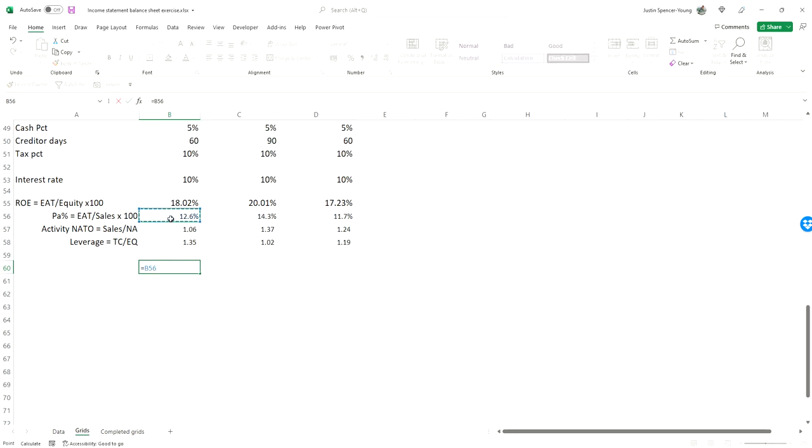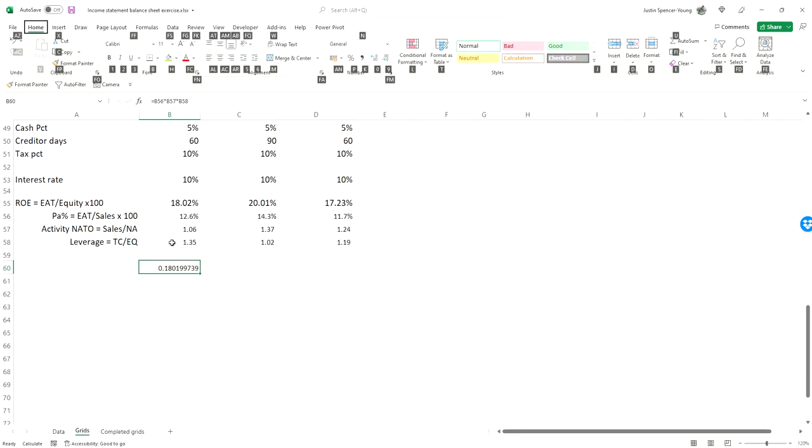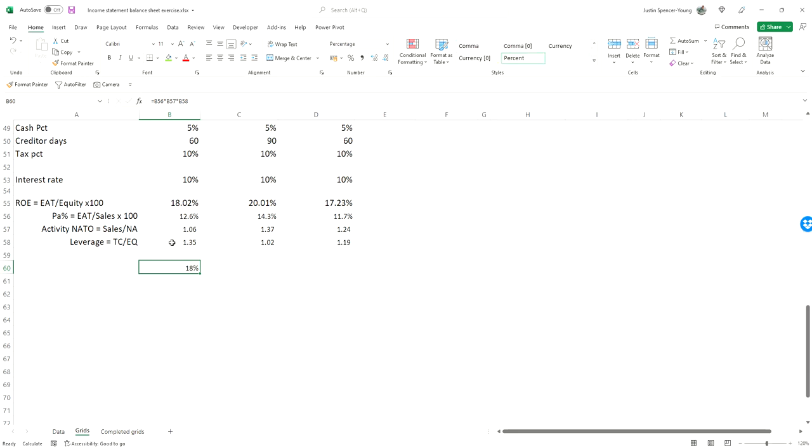Take the profitability, multiply it by the activity, multiply it by the leverage, and let's see what answer we get here. Convert it to a percentage, add a decimal place or 2, and as if by magic, by combining those 3 ratios, we get to exactly the same return on equity.